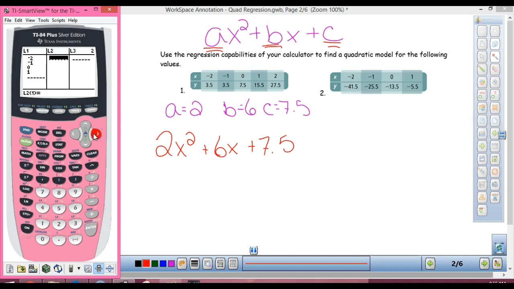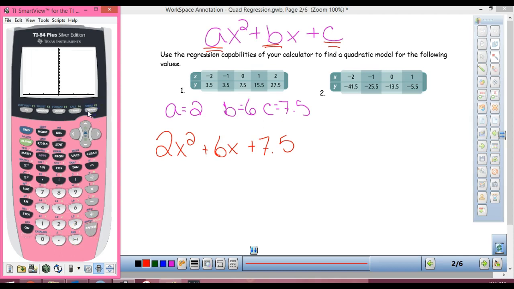I'm going to go over -41.5, -25.5, and negative 5.5. All right, what do I hit?